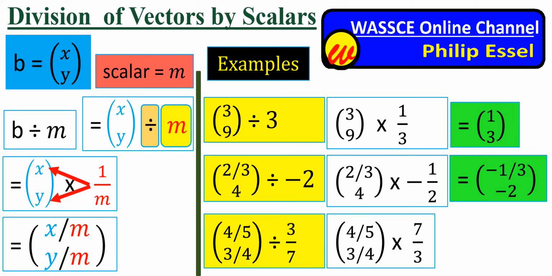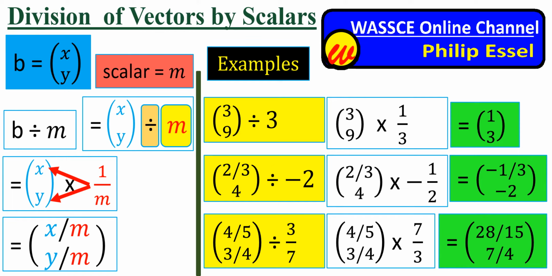So that will give us the vector 4 over 5, 3 over 4 multiplied by the scalar 7 over 3. So the scalar 7 over 3 would multiply the x component of the vector, which is 4 over 5. That will give us 28 over 15. And again it will multiply the y component, which is 3 over 4, and that will give us 7 over 4.